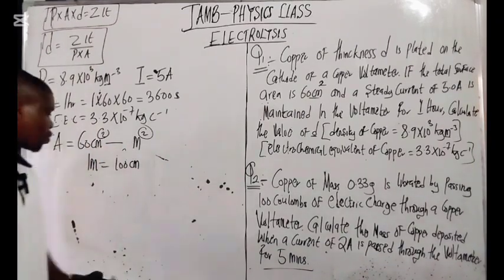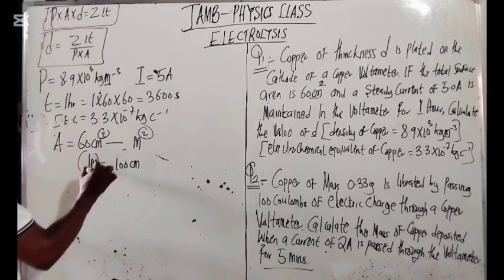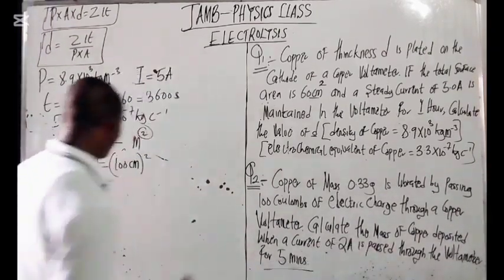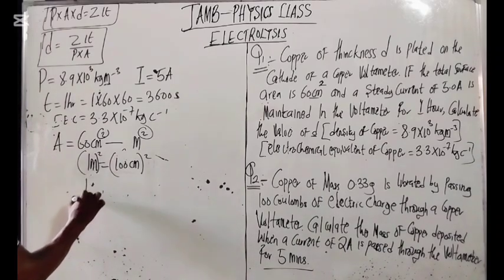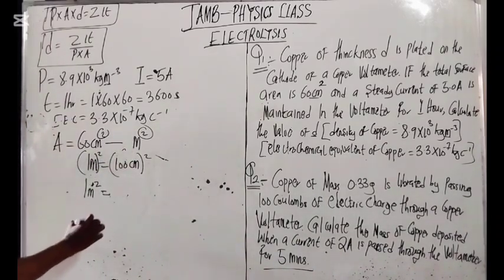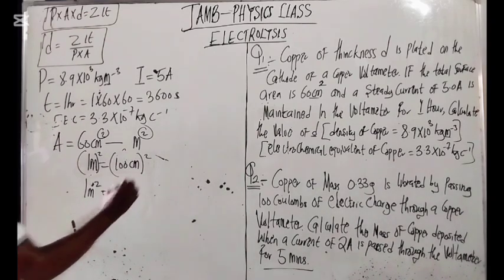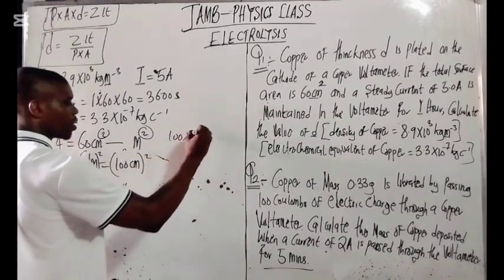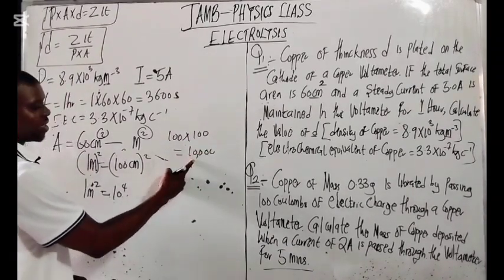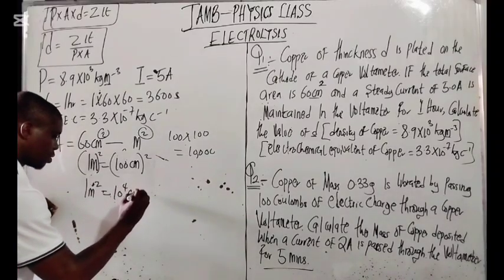So the only thing I want to do is introduce the square here. So 1 meter squared equals 100 squared, which is 100 times 100, which is 10,000, which is 10 to the power 4 centimeters squared.